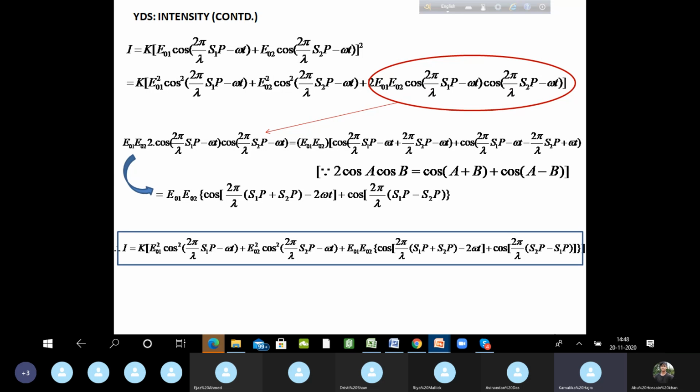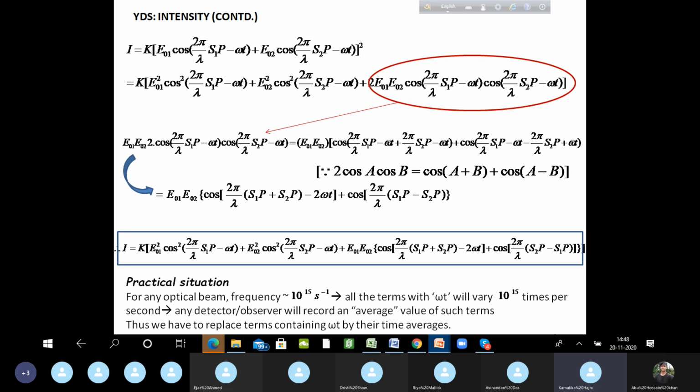Even from this mathematical expression of the intensity, we cannot say anything about the result on the screen because we do not understand anything. There are still cosine functions in the expression of intensity. So we try to incorporate the practical situation where the frequency of the optical beam is about 10 to the power 15 per second.